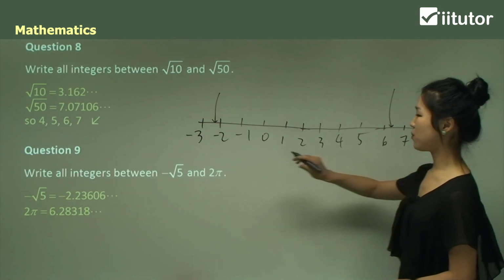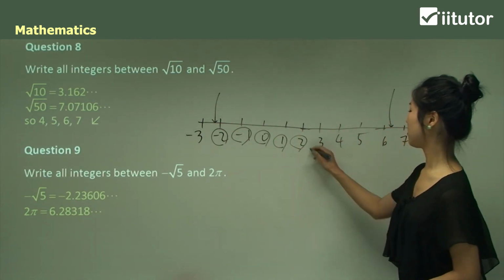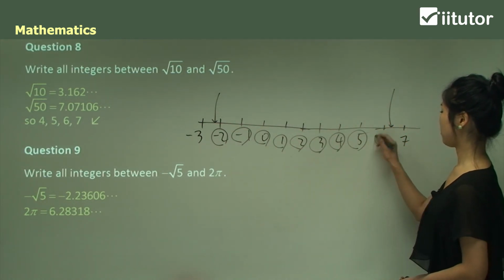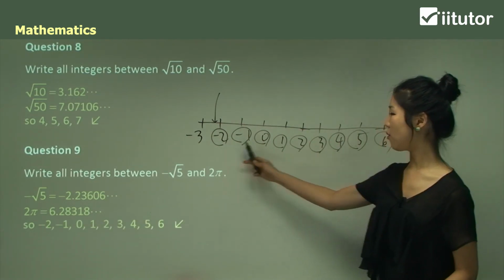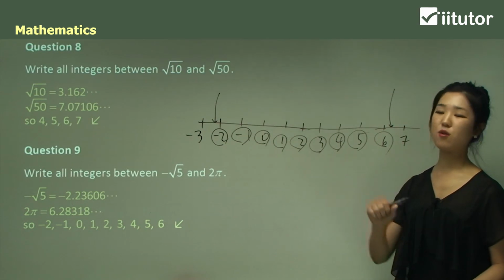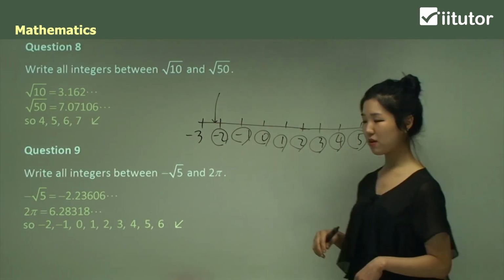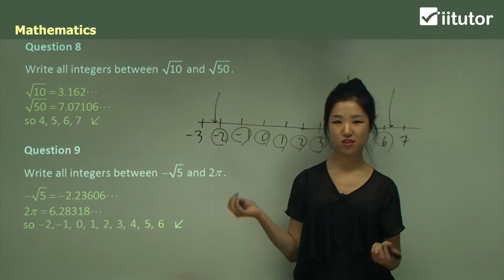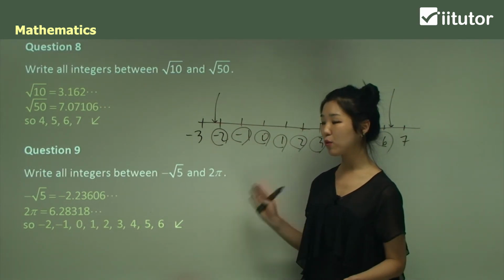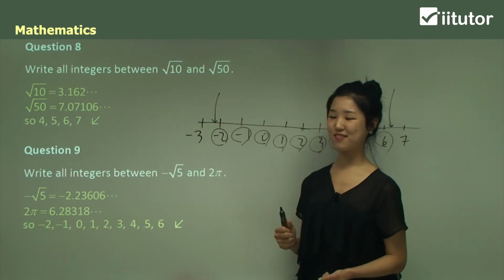So all the integers between these two numbers are this, this, this, this, this, all of these. So quite a few here. So write them down. So starting from negative 2 all the way up to 6, these are all the integers between those two numbers. So it's a bigger set, isn't it? That's pretty much it, guys. So hopefully you understood what the difference between rational and irrational numbers are, and also surds and non-surds. Okay, so that was the end of this first part.